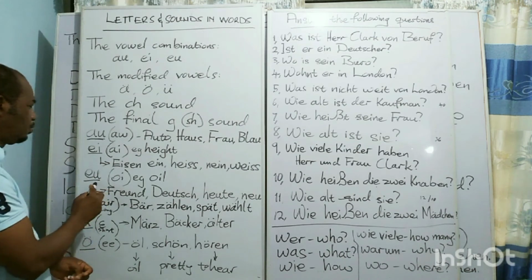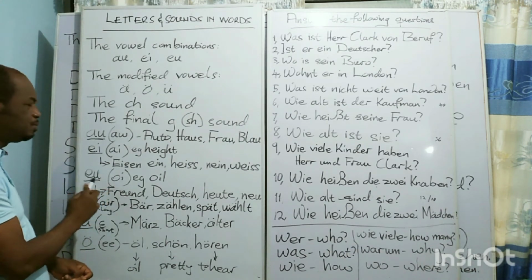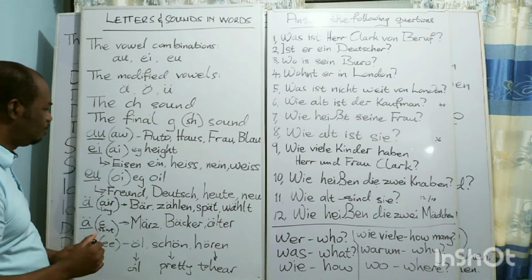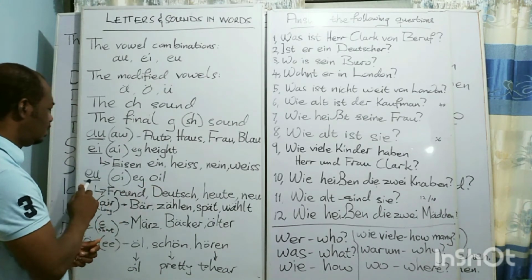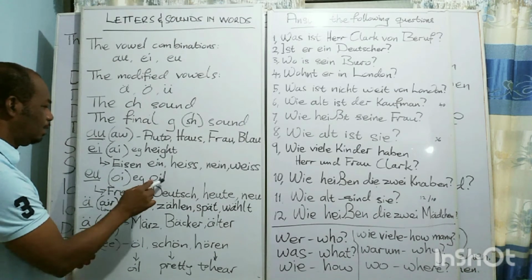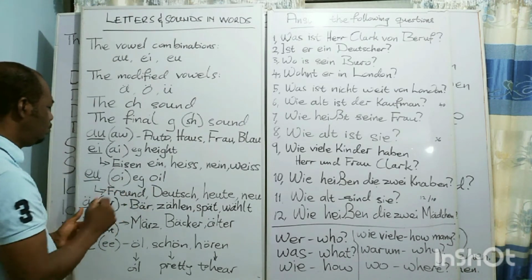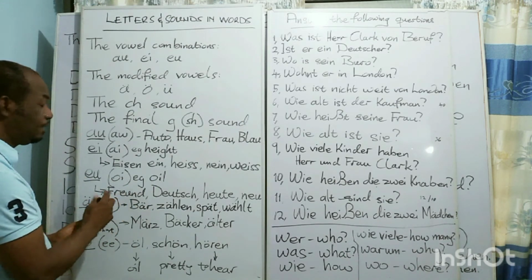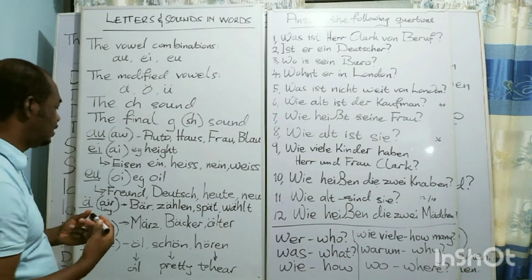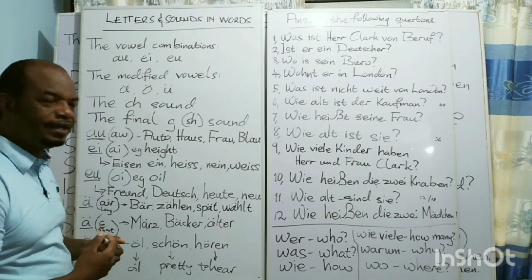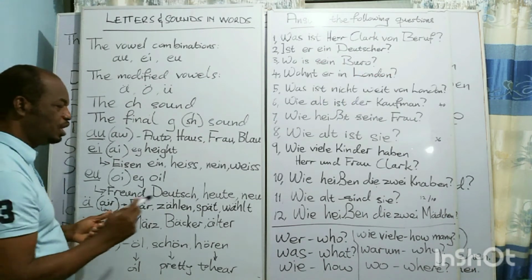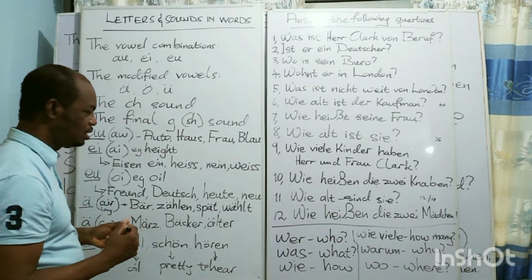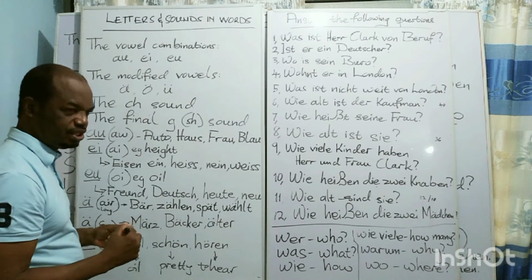EU is not pronounced EU, it's pronounced OI in German. Example, oil. So EU in words like friend in English, they don't say friend, they say Freund. And German is pronounced Deutsch, not Dutch, as people say.